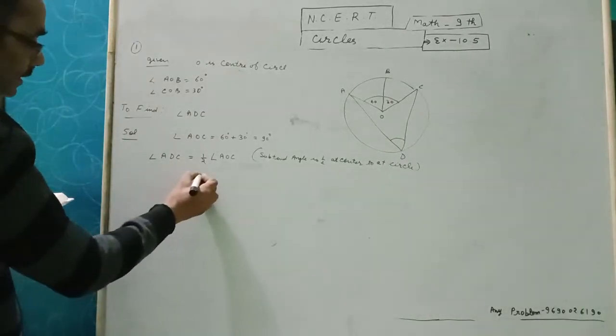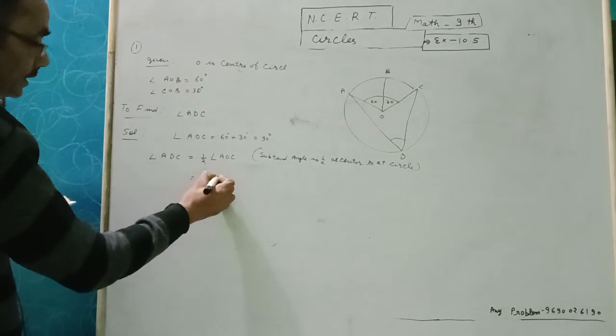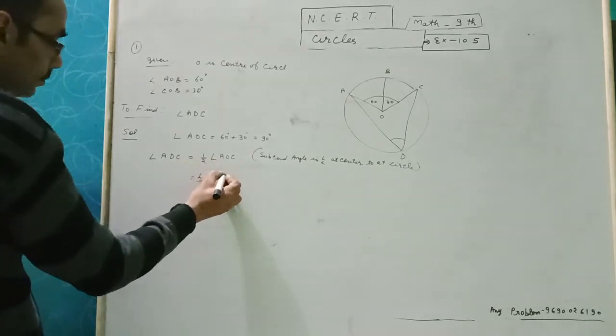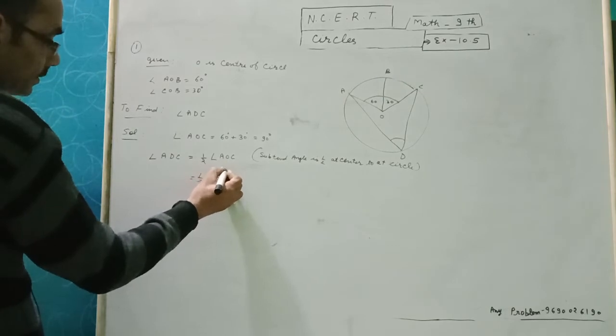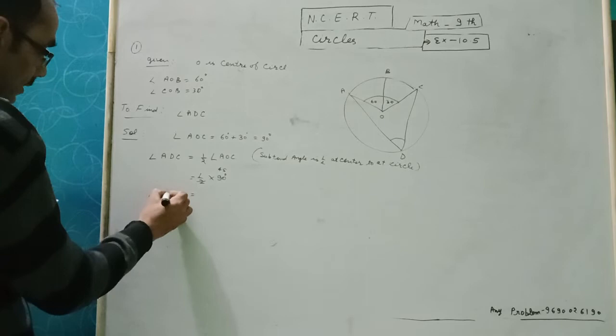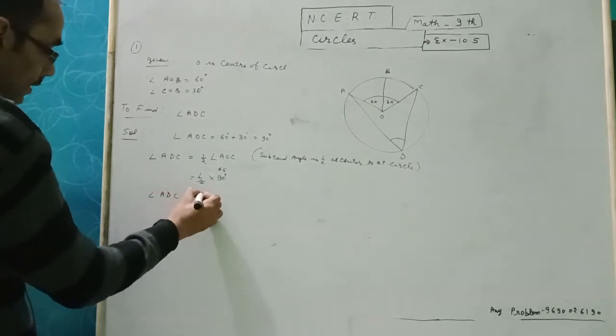So angle ADC is equal to 1/2 angle AOC is equal to 90 divided by 2, 45. Angle ADC value is 45 degrees.